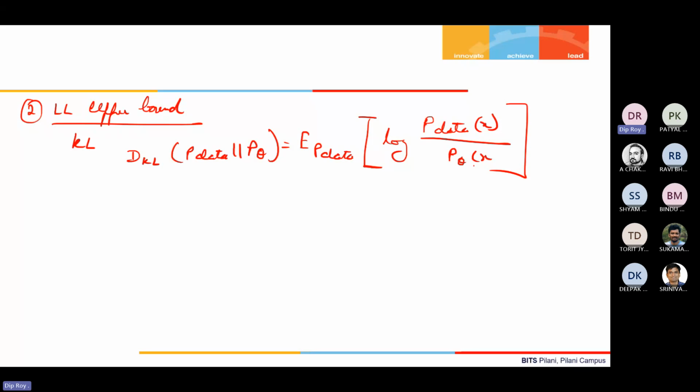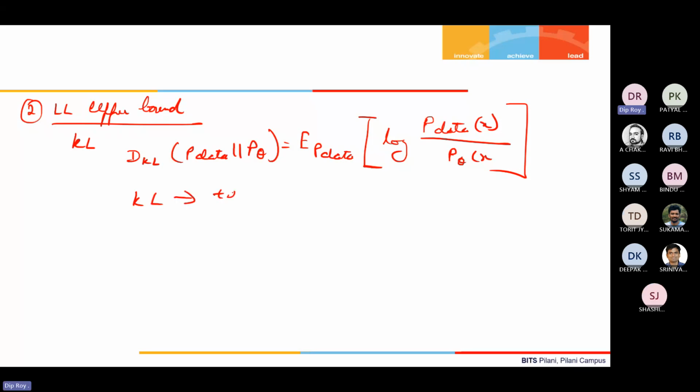From our knowledge, KL will always be positive, or 0 if P data is equal to P theta. That's what we know.